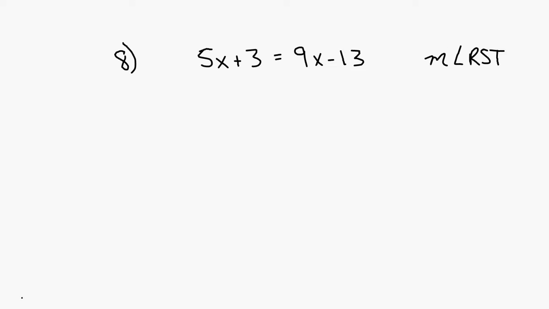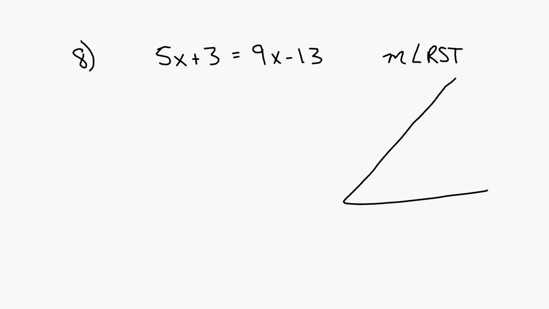Now, the measure of angle RST, Leo, that's the whole angle. RST is that whole angle there. So you have to solve for x, substitute it and find one of the angles, and then multiply it by 2 because they want this entire angle measure.